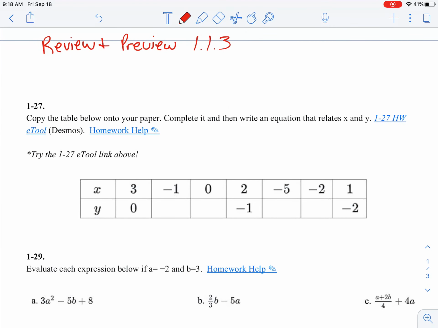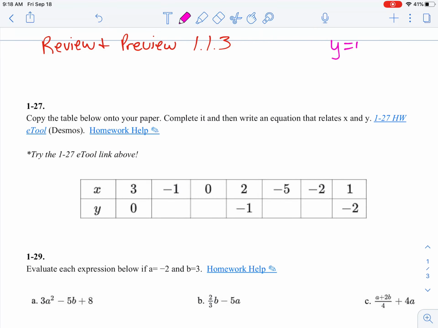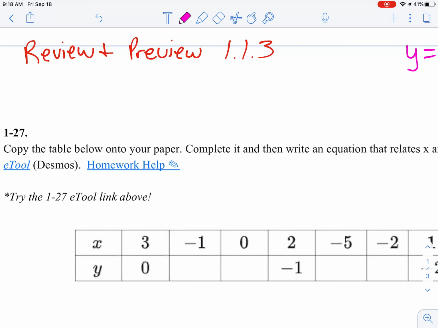So we know that in order to write an equation, we need y equals mx plus b. Well, we need to figure out what the slope is. Now there's missing values in the y, but what we can do to find the slope is remember that the slope value is y2 minus y1 over x2 minus x1. So that's the formula.